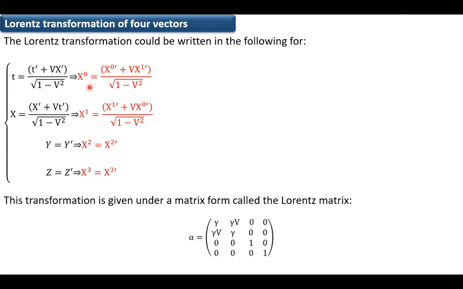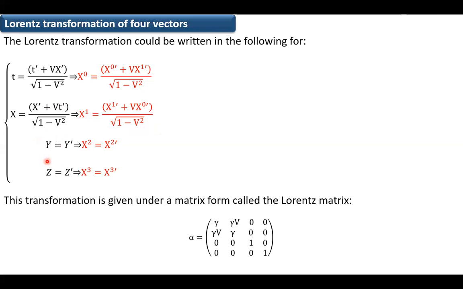So x0 is equal to x0 prime plus v x1 prime over the radical of 1 minus v squared. The same for x: x is x1, so x1 is equal to x1 prime plus v x0 prime over the radical of 1 minus v squared.